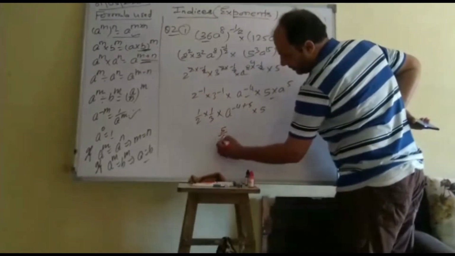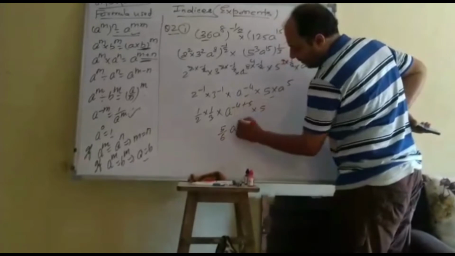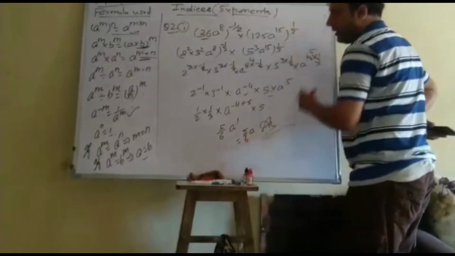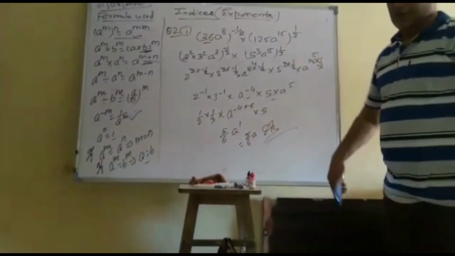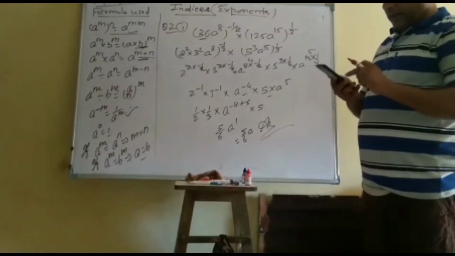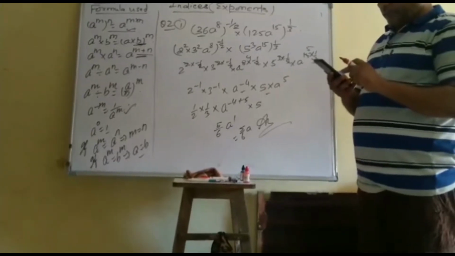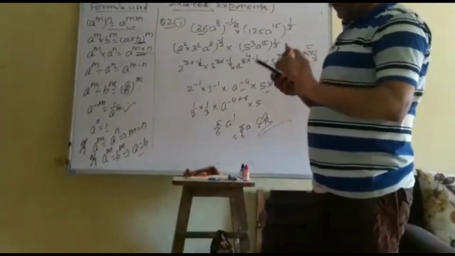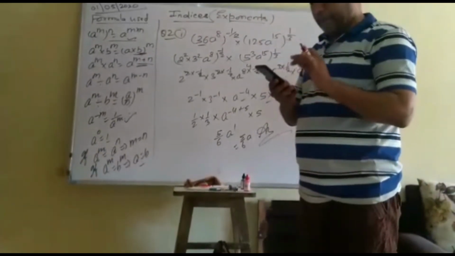So 5 upon 6, a raised to power minus 4 plus 5, how much? 1. So the answer will be 5 by 6 a. And this is your answer. Clear? Now again, the same method you have to apply for the second part. Okay, same method.